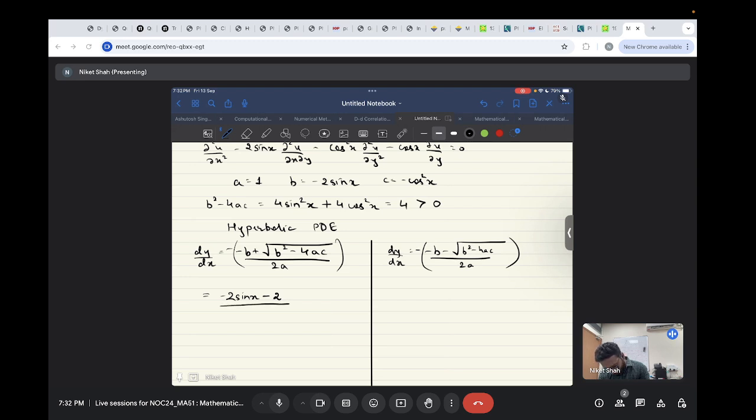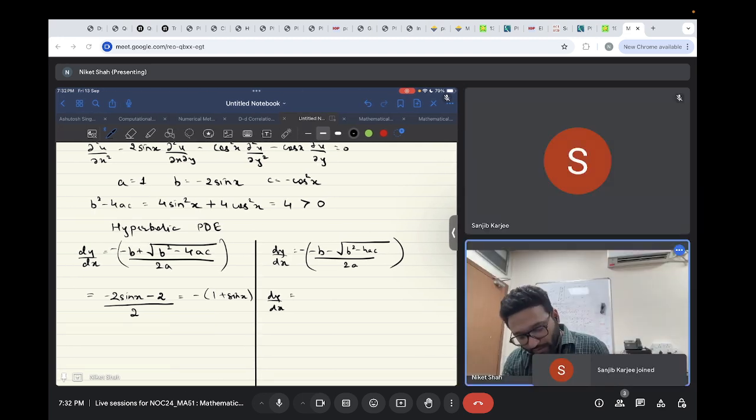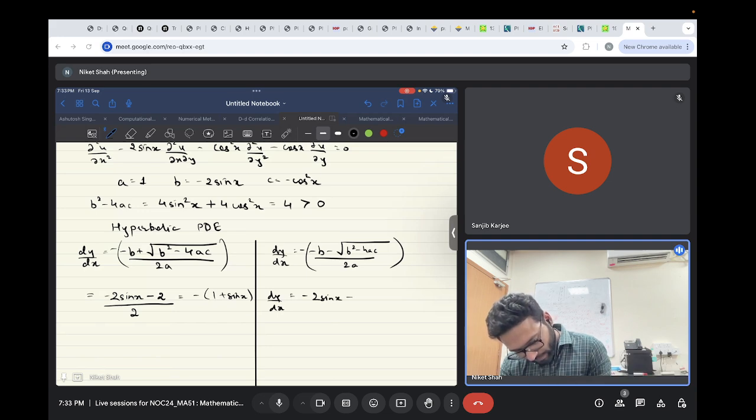Divided by 2 into a, which is 2. So hence this is minus of 1 plus sine x. Here dy by dx is equal to what? Same thing, minus 2 sine x plus 2 divided by 2. Therefore, this is 1 minus sine x.